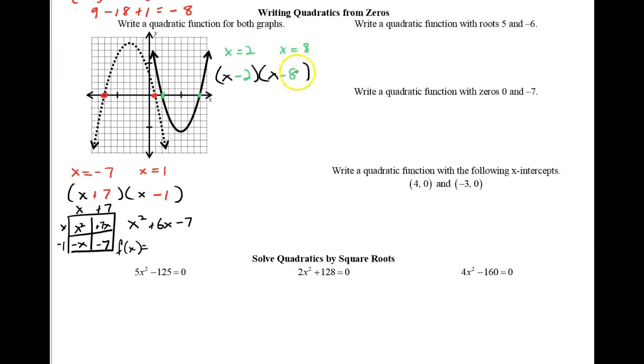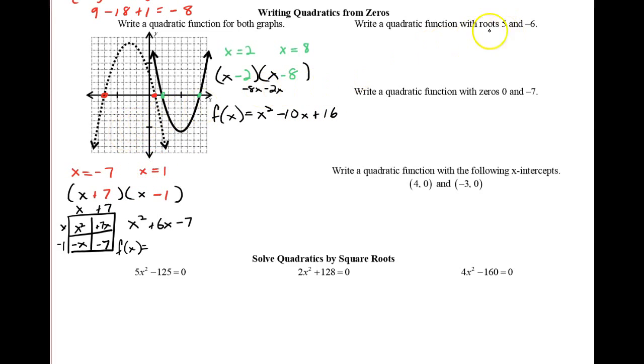So this 8 is what makes this inside 0. The 2 is what makes this 0. And now you FOIL it out. And so we get x squared. That's going to give us minus 8x, minus 2x, for minus 10x. And then negative 2 times negative 8 is positive 16.